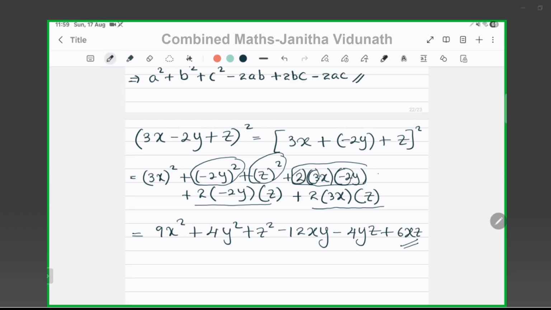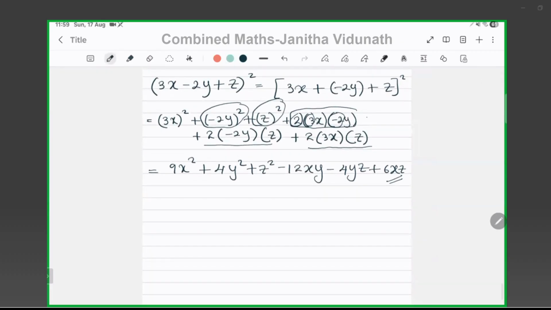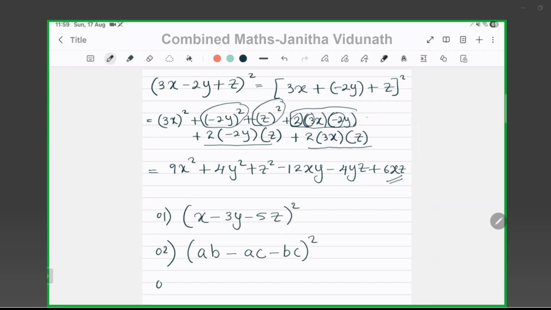Okay. Now I will give some questions to try on your own. First one is (x - 3y - 5z) whole square. Second one is (ab - ac - bc) whole square.